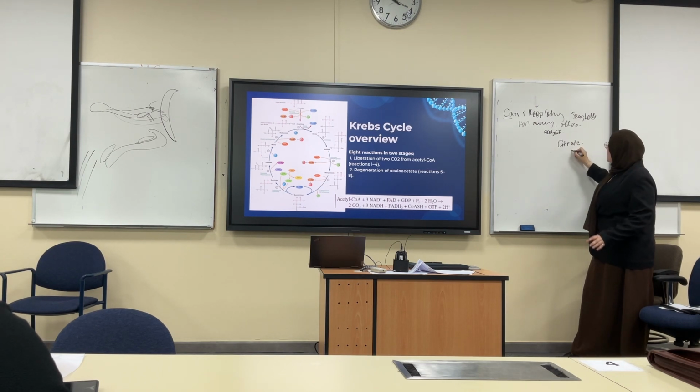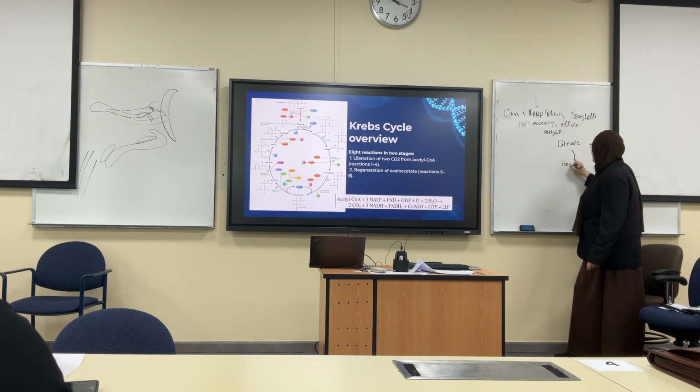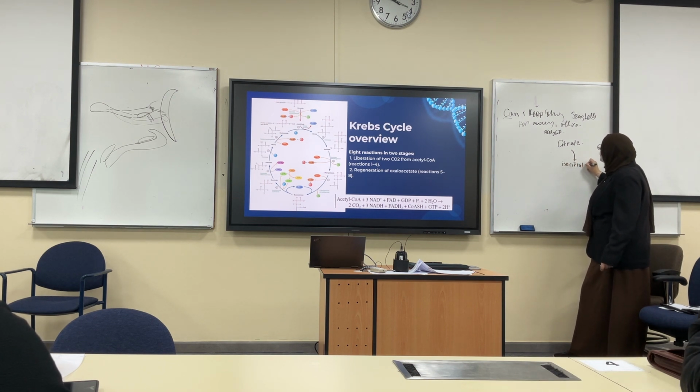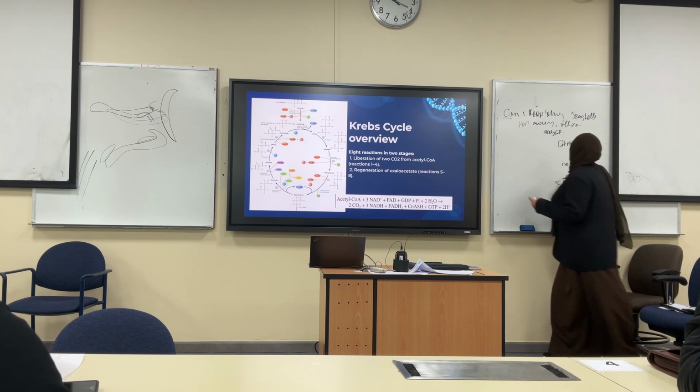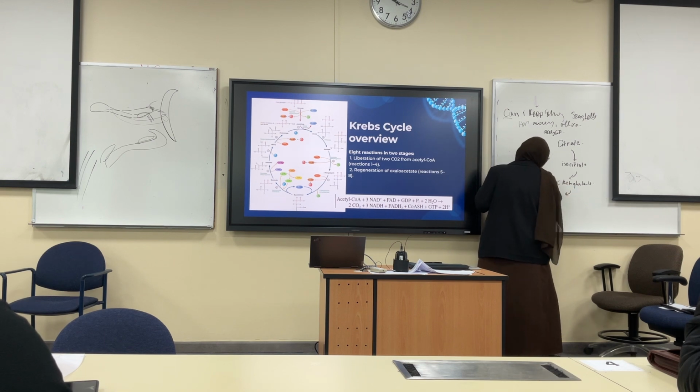Next we have the isocitrate coming from I, and then after the isocitrate we have the K, which is alpha ketoglutarate. Okay? Now, moving on, we're going to have selling, which is succinyl-CoA.